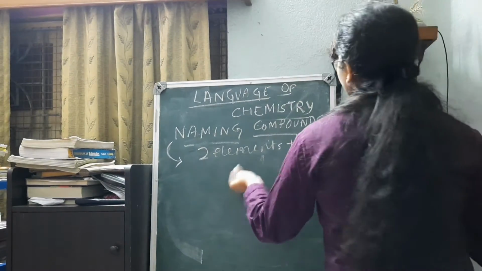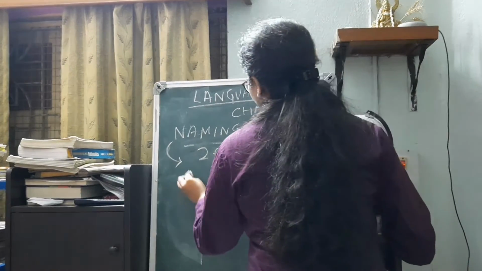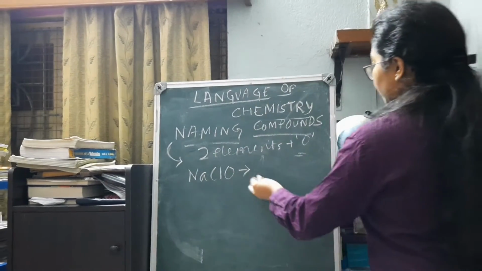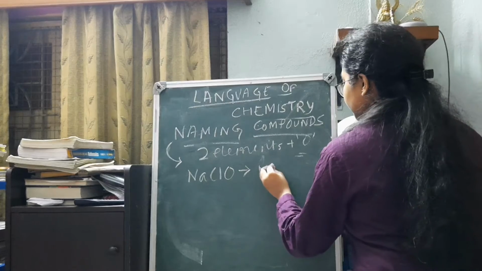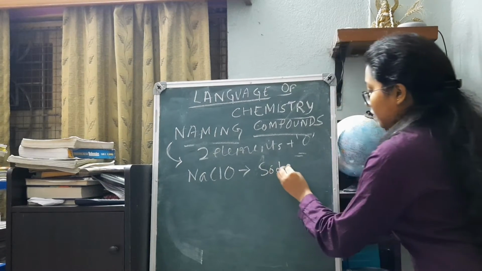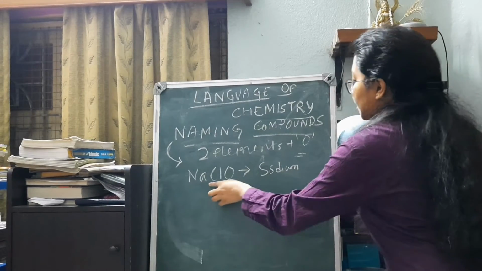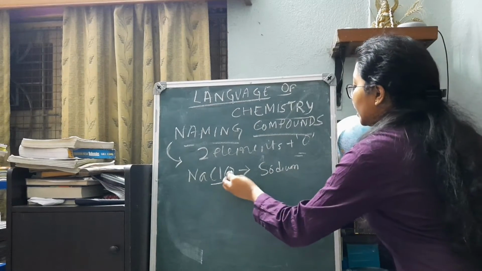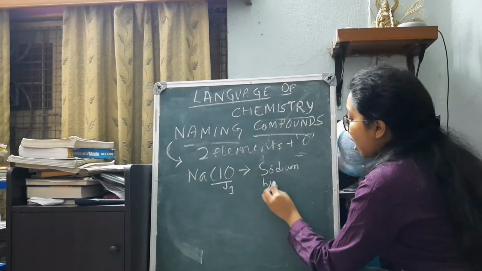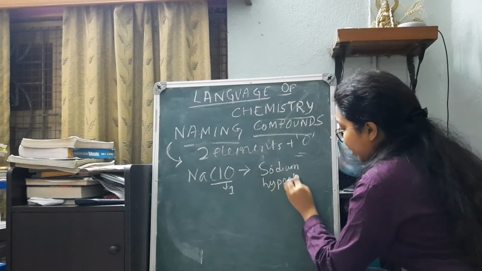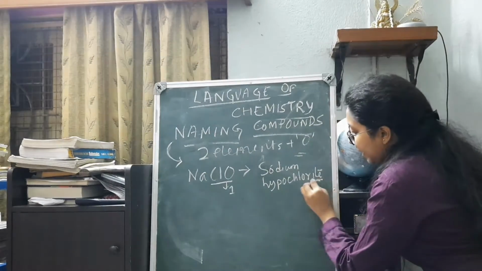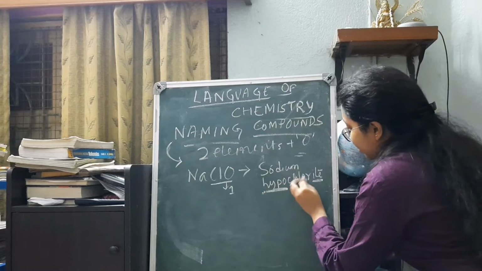Suppose only one oxygen is present, NaClO. Na is sodium, and this part has only a single oxygen. This is hypochlorite. That is ITE and the hypo is a must.